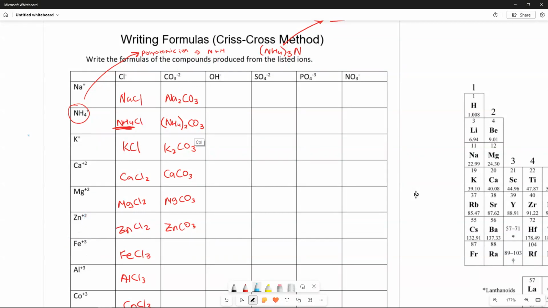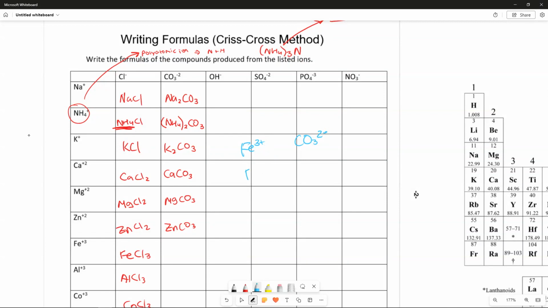So we have an Fe with 3 plus, and here CO3 carbonate with a 2 minus. In order to find the number of atoms needed to cancel these charges, we need to find the smallest number that both will go into, which is 6.